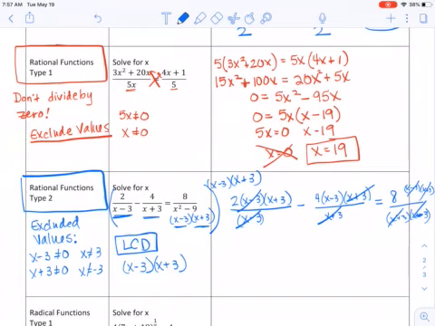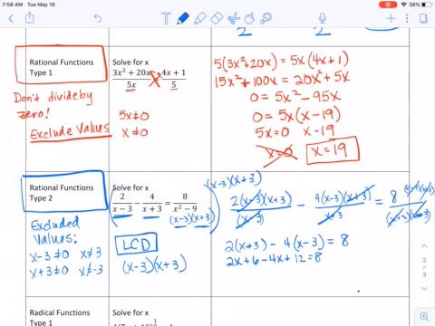So what do I really have here? I have 2 times x plus 3, minus 4 times x minus 3, equals 8. Okay, so 2x plus 6 minus 4x plus 12 equals 8.